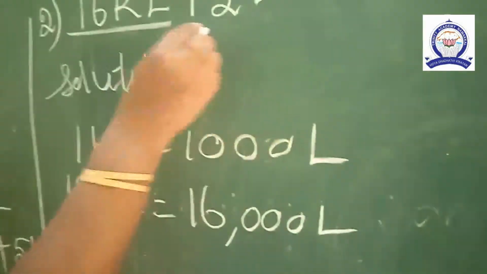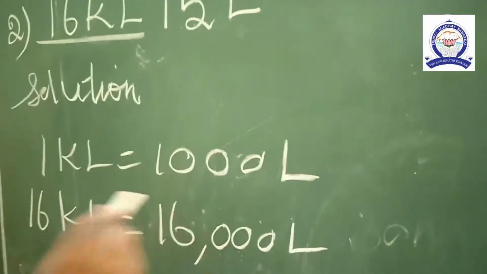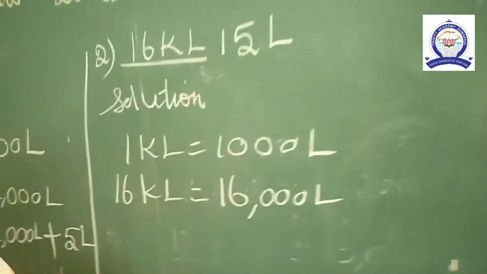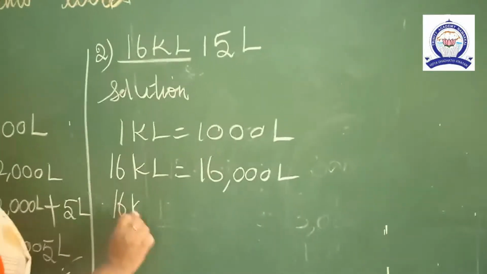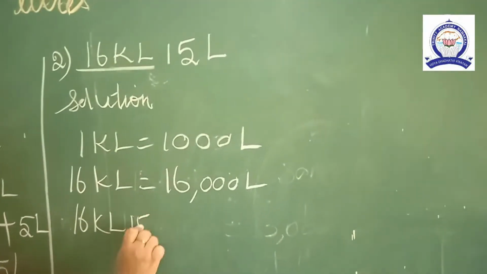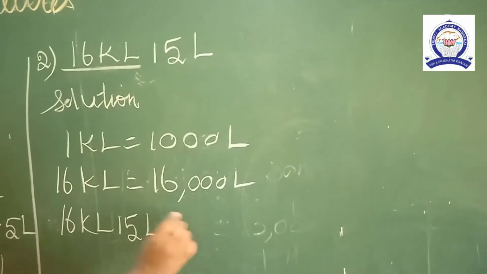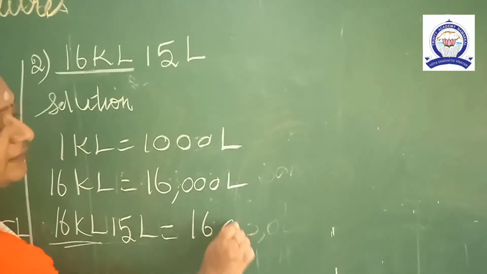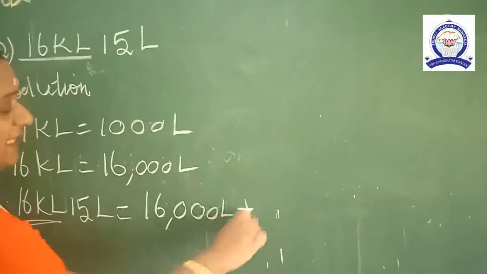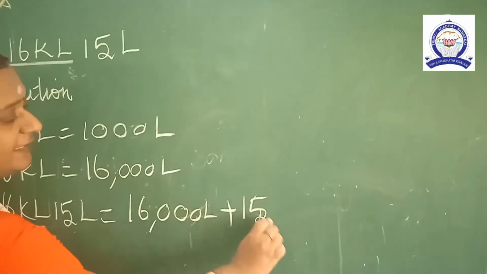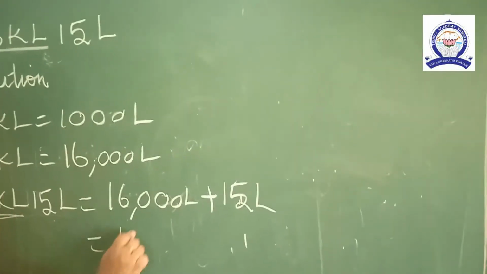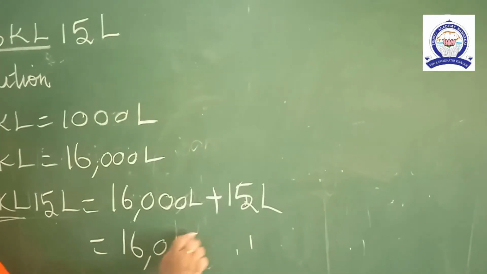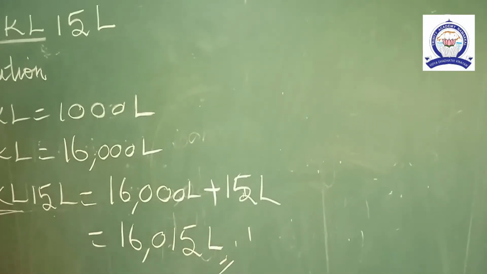Next step, you add 15 liter to this 16,000 liter. So you write the given question. 16 kiloliter 15 liter is equal to, so instead of 16 kiloliter, you write 16,000 liter plus 15 liter. That is equal to 16,015 liter. It is the answer.